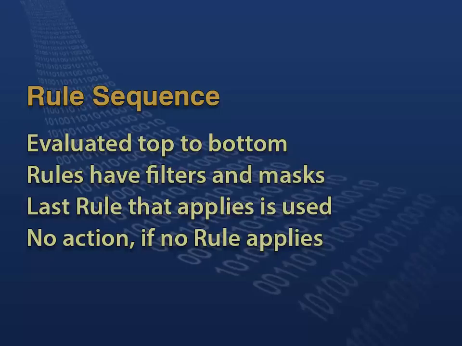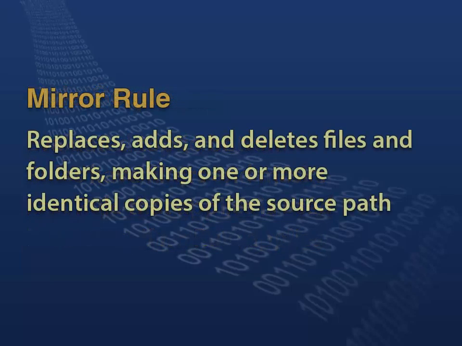The last rule that applies to a file or folder is the one that's used. If no action has been specified or if the file is not selected by any of the rules, then no action occurs. A mirror rule is a one-way rule that is designed to make a destination set of folders exactly match the source set of folders.